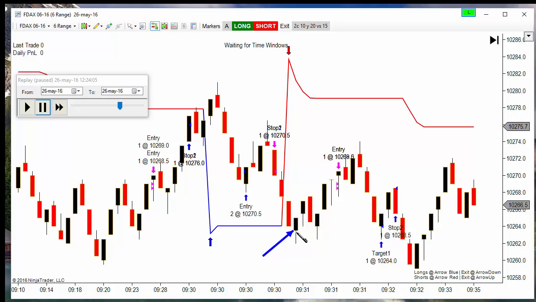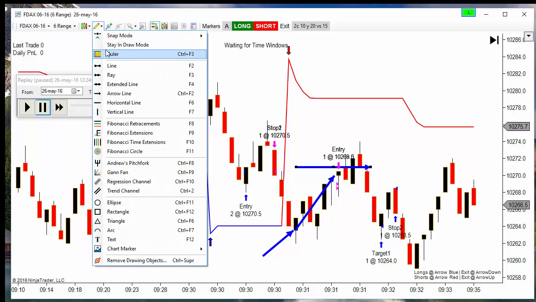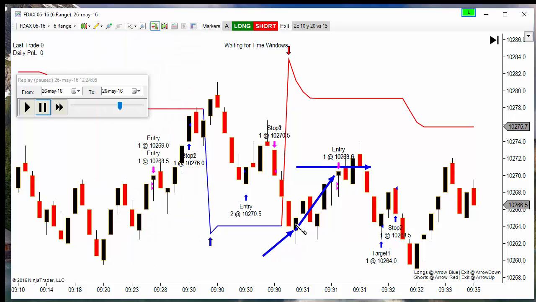If we want to enter with a pullback at a better entry, at no more than, let's say, 10 bars from the signal, if we don't get a fill on the first 10 bars, we cancel the entry order.